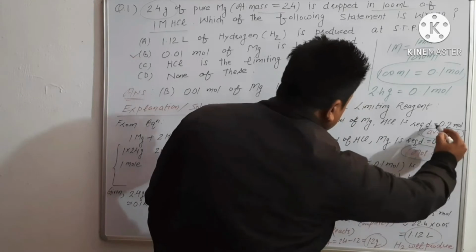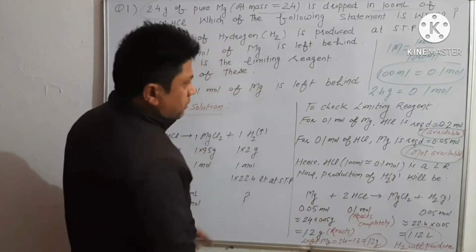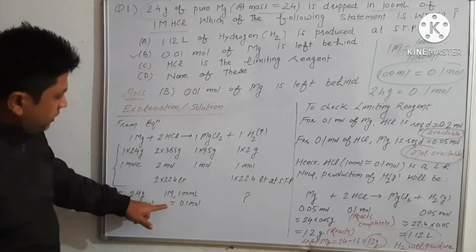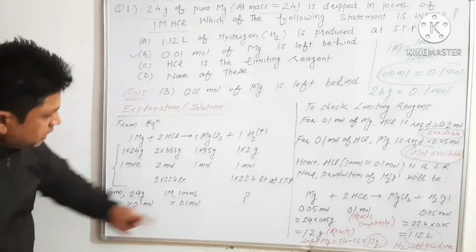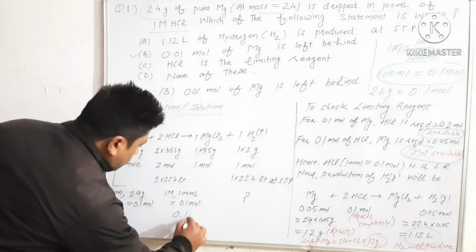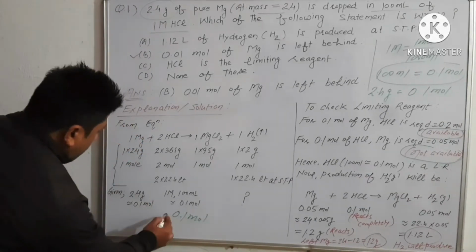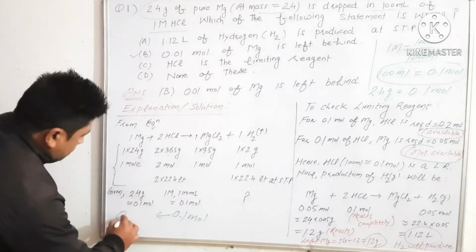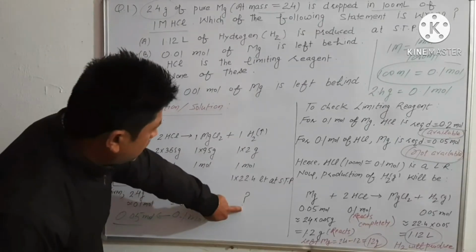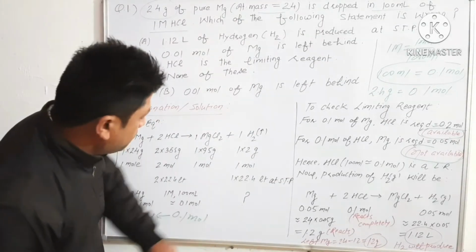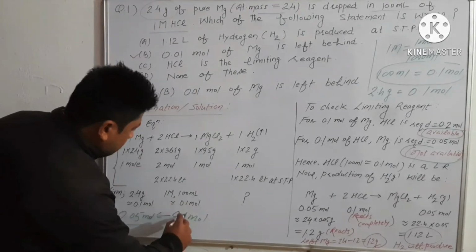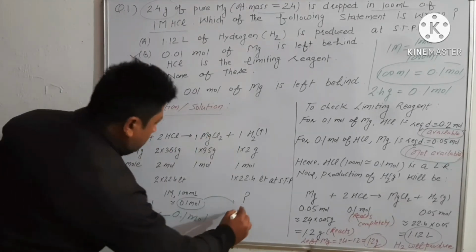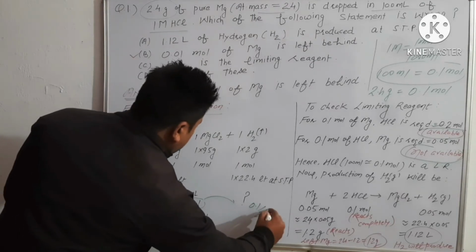The available quantity will react completely. So the reactant that reacts completely is 0.1 mole of HCl. According to the reacting ratio, the hydrogen produced will be half, that is 0.1 by 2 mole.